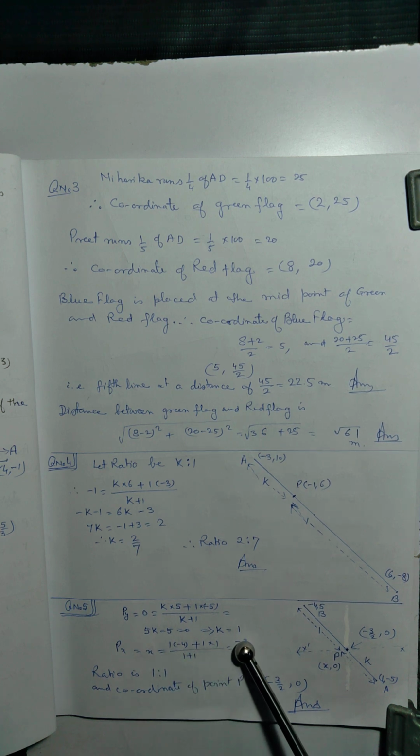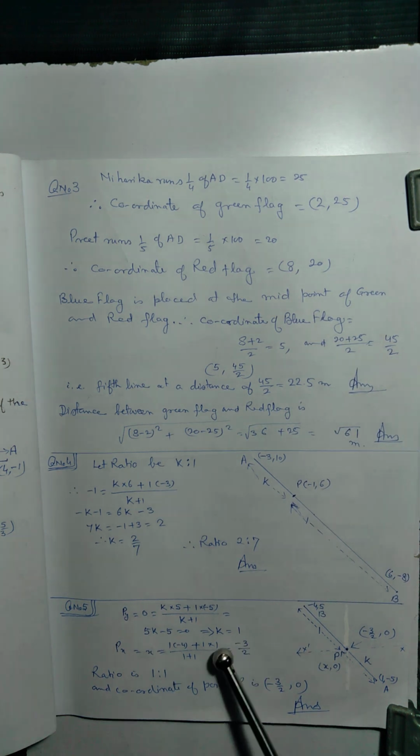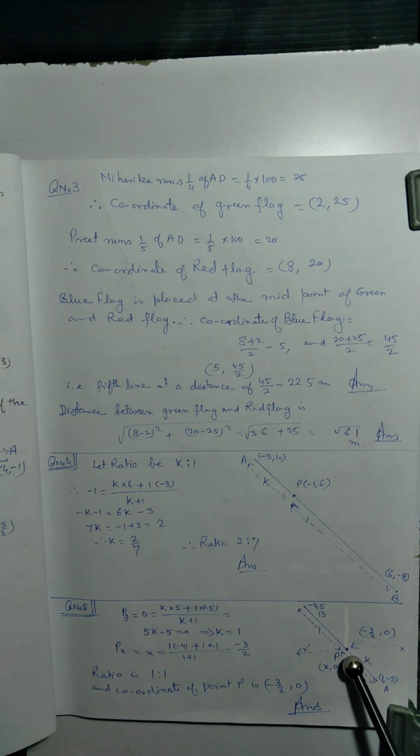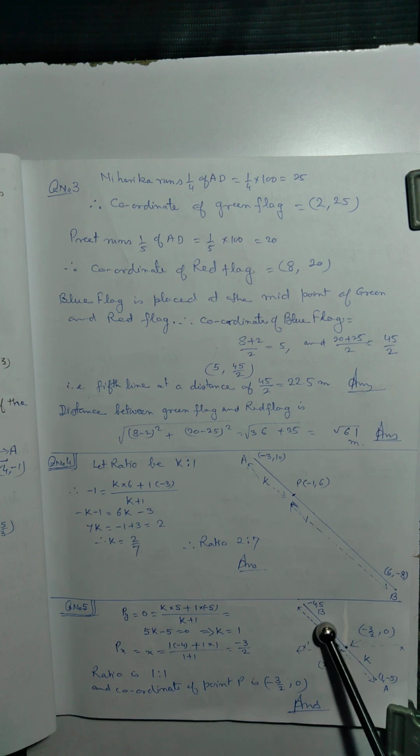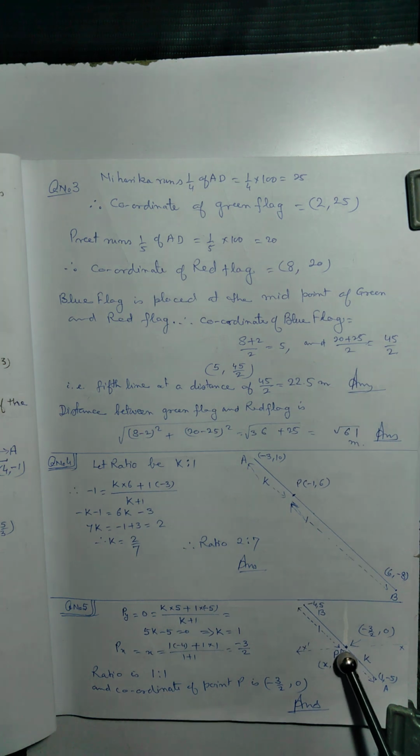That gives 5k minus 5 equal to 0, hence k is equal to 1. Now we have got k equal to 1, which indicates that the point P divides the line segment AB in the ratio 1:1. Because k is 1, so this will be the midpoint.